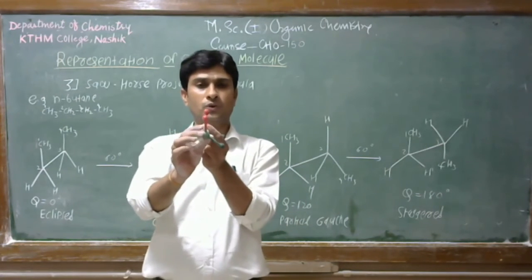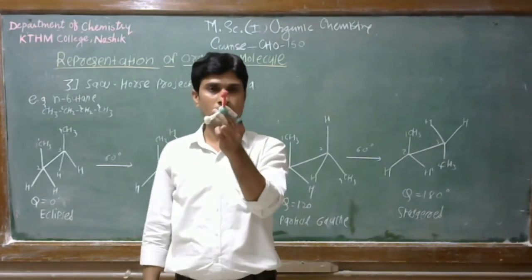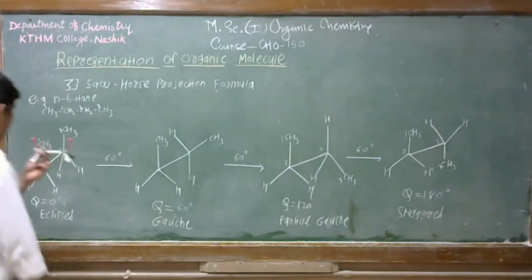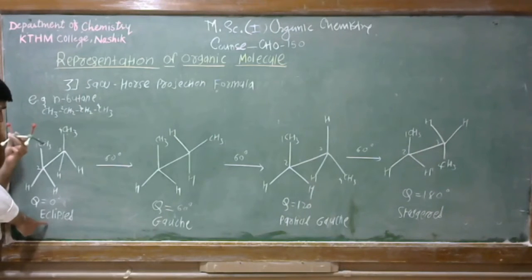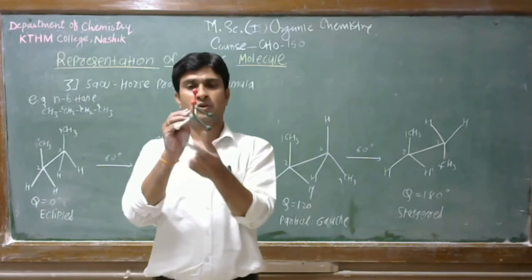See, I have told you when the dihedral angle between these two groups is 0, then this is called the eclipsed structure, and the eclipsed structure is a very unstable structure.